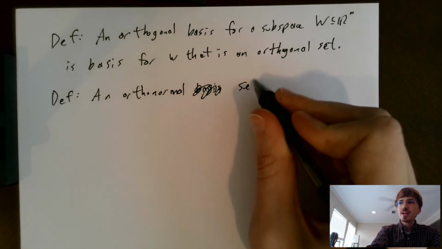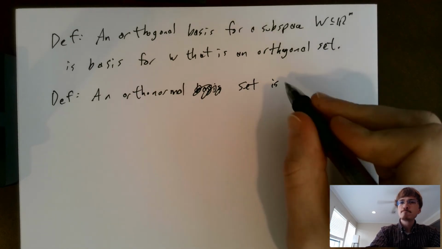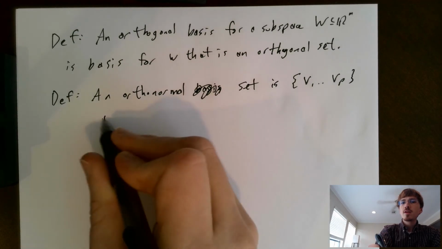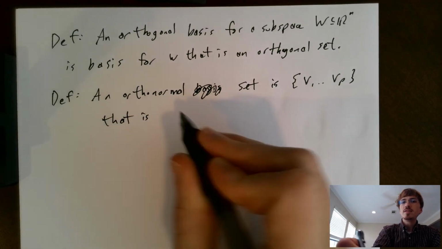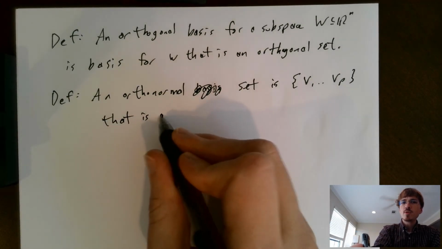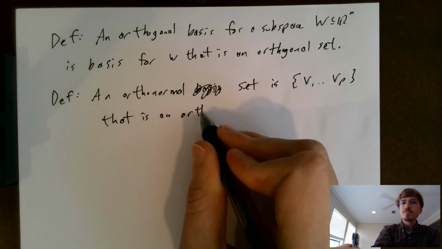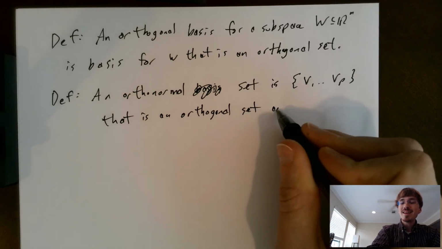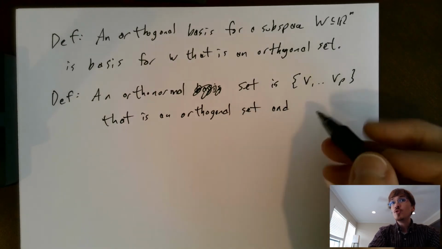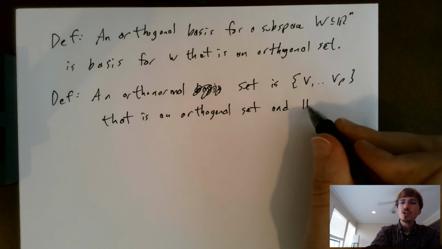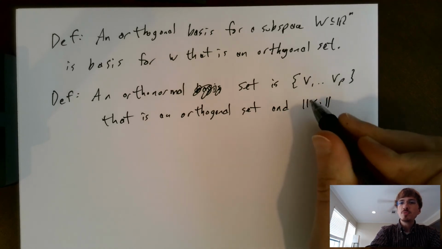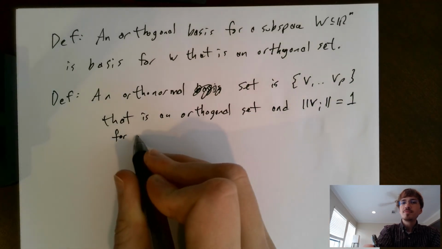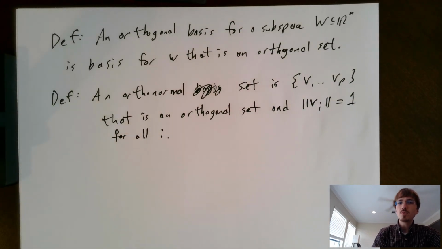An orthonormal set is a set of vectors v1 through vp that is an orthogonal set and every vector is normalized. What does that mean? That means that all of them have magnitude 1. So the magnitude of all of the vectors in your set is equal to 1. That's an orthonormal set.